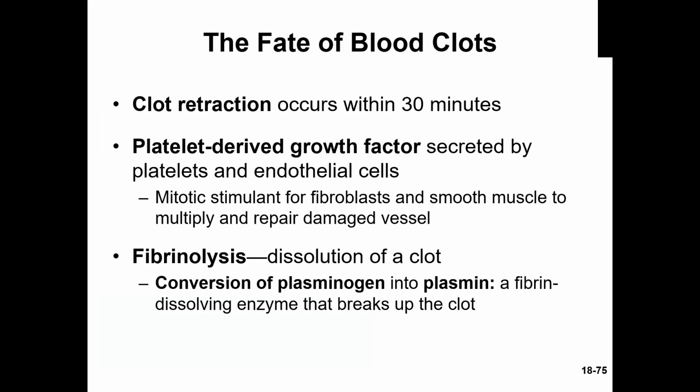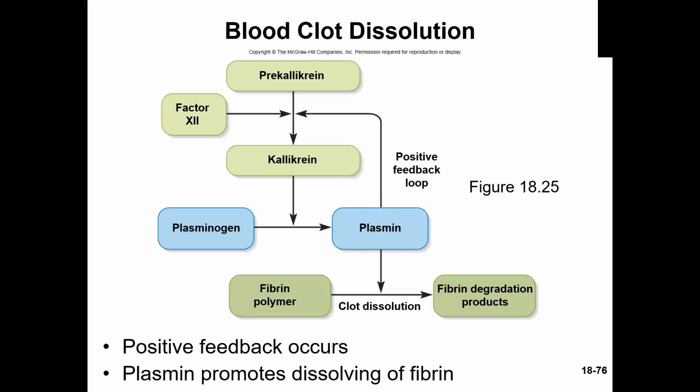And then fibrinolysis, breaking down the fibrin, is the actual dissolving of the clot when plasminogen is converted into plasmin. And if you don't like the words and you like the map, I would compare them, maybe put the slides side by side so you can see the difference.